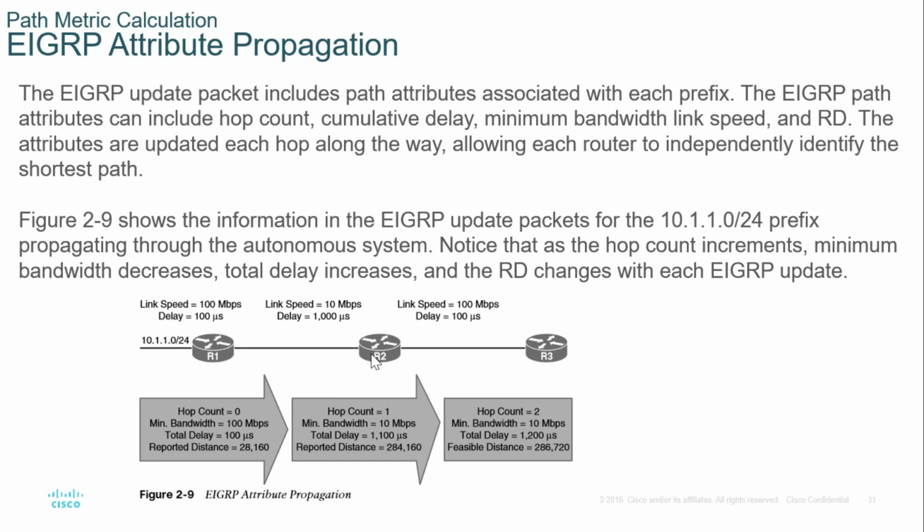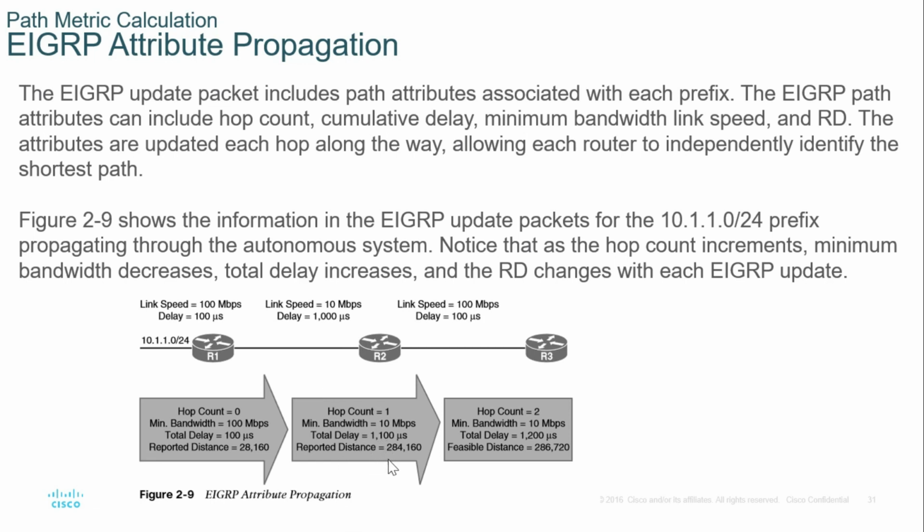So the hop count becomes 1, and the minimum bandwidth now becomes 10 megabits per second. Router 2 will use the value of 10 megabits per second for its own local formula calculation. The total delay is overall, so 100 plus 1000, which is 1100.